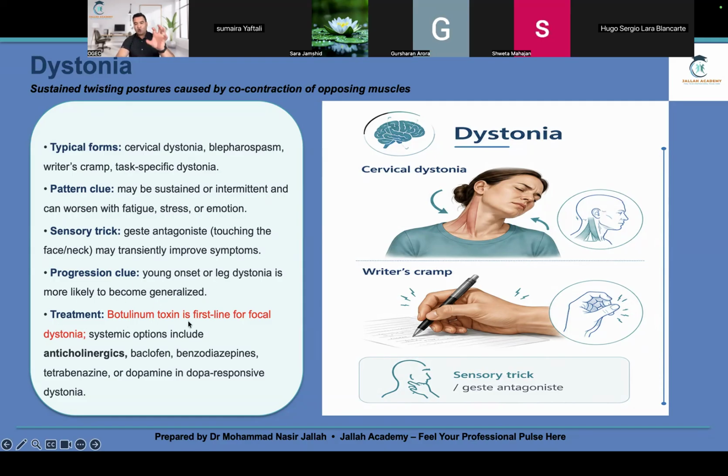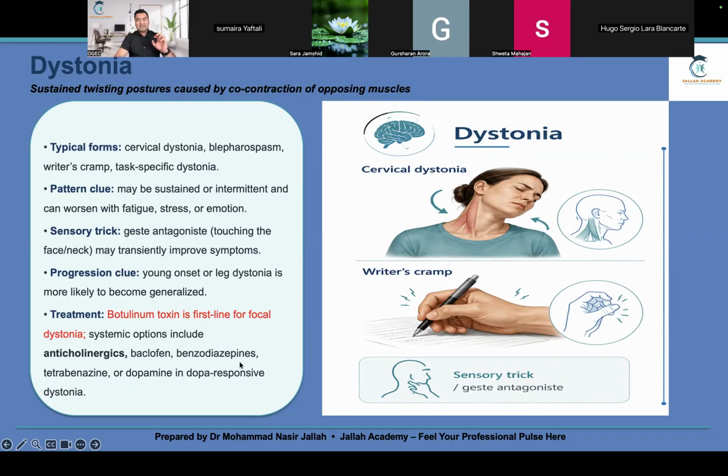Treatment: if it is local, remember the best, this is something that they will definitely test you on. They give you a scenario about dystonia, but it's local dystonia. For local dystonia, you need to use botulinum toxin. But if it is generalized, use benzodiazepine, baclofen, dopamine.